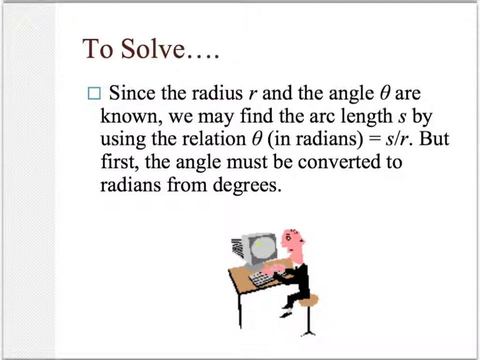To solve this problem, first we need to take a look at what we have. We have the radius, we have the angle in degrees, and we have our equation. The equation says that the angle in radians is equal to the arc length, S, divided by the radius, R. Now this angle needs to be in radians.